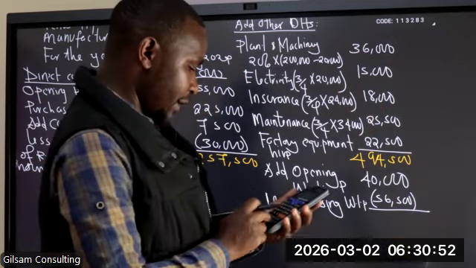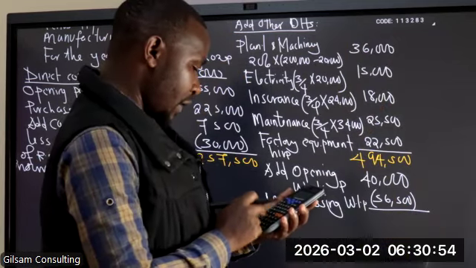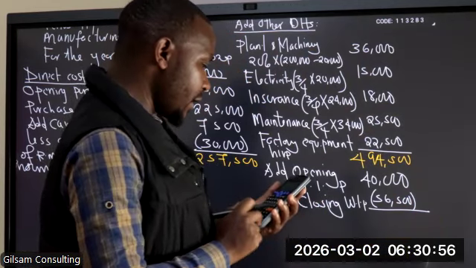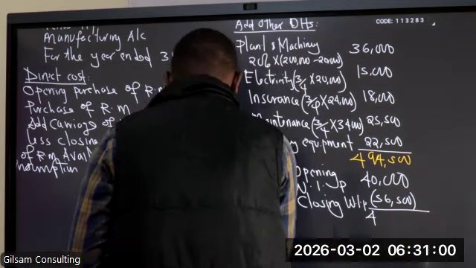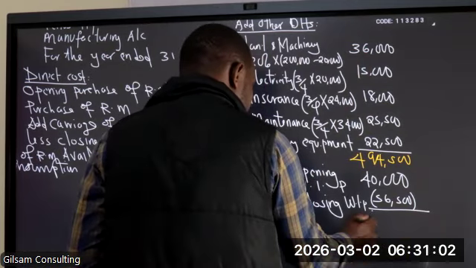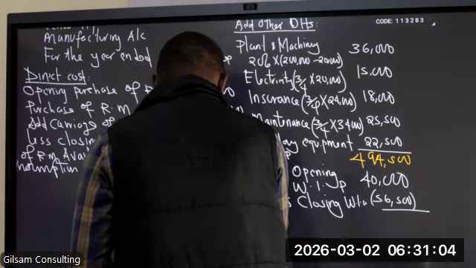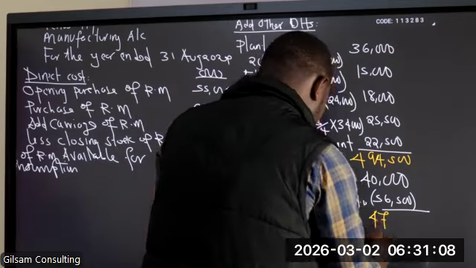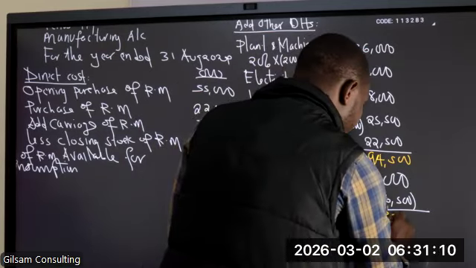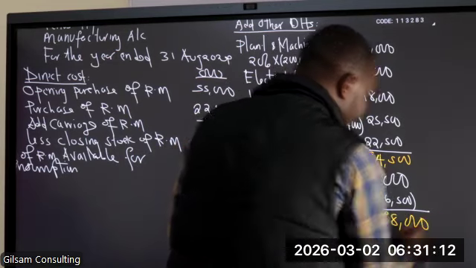So plus 40,000 minus 56,500 gives us 478,000.